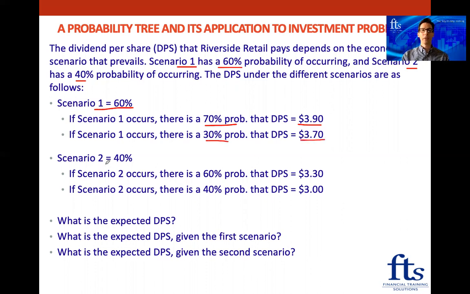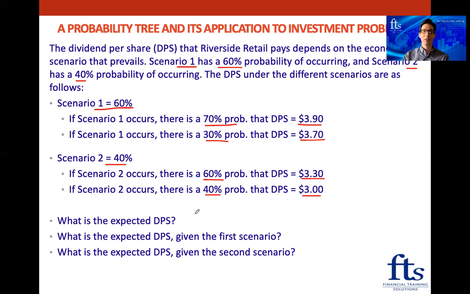And now scenario 2, like we said, has a 40% chance of happening. If scenario 2 happens, then there's a 60% chance that the dividend is going to be $3.30, and a 40% chance that the dividend is going to be $3. So it looks like scenario 1 is good economy, because there we're getting good dividends, and scenario 2 might be poor economy, because the dividends are not as good.